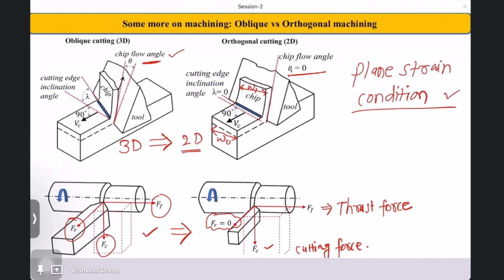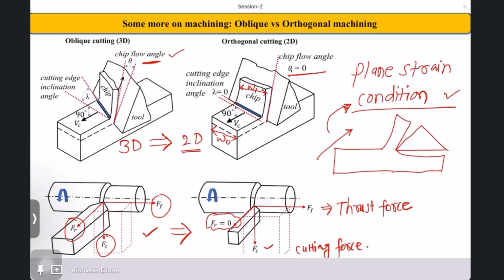So I can simply model the workpiece in 2D, something like that, and this is the cutting tool. So the width direction is perpendicular to the screen. We need not model it because anyhow in that direction no strain will be developed, and the whole process I am simplifying as a plane strain analysis.